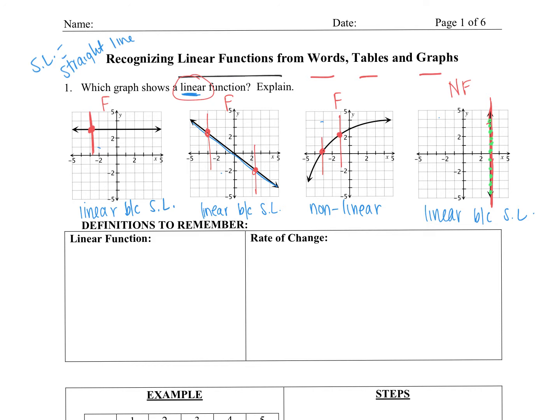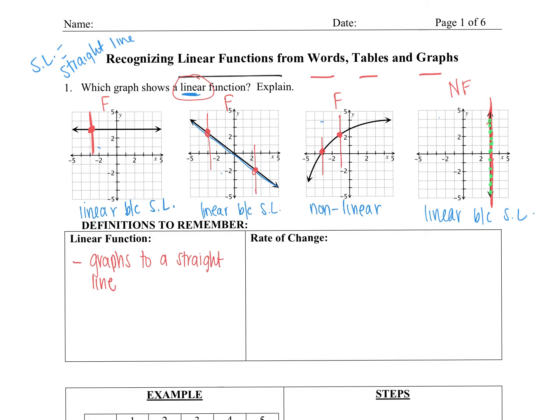So, a linear function graphs to a straight line. So that's what we just talked about. Okay, so anytime you see a straight line, we know that it's a linear function.